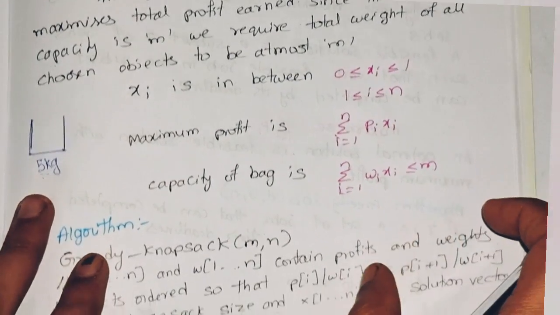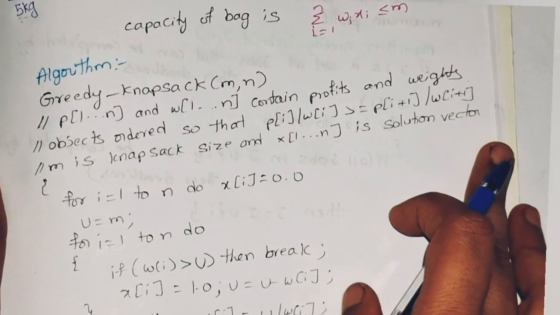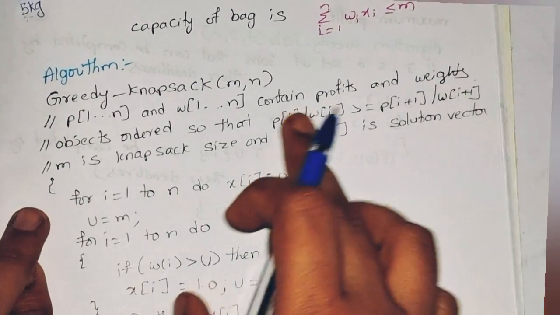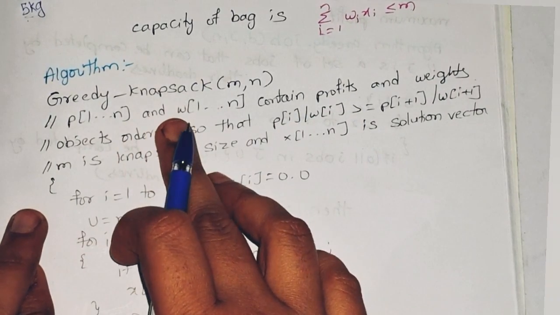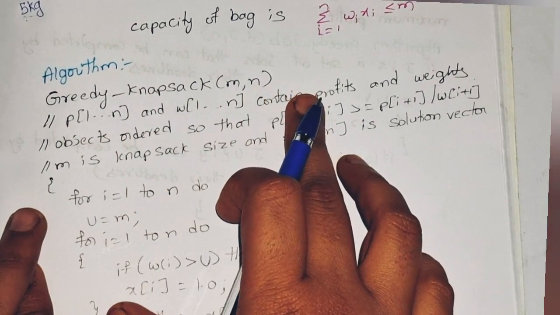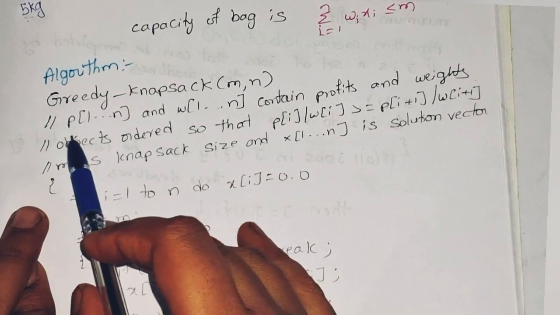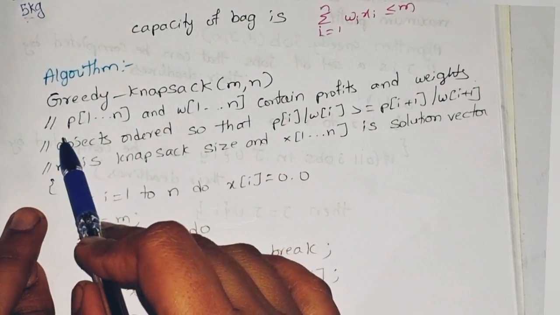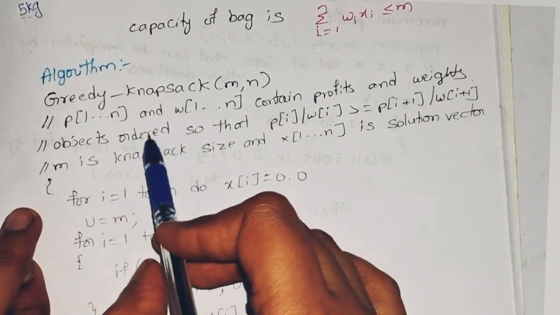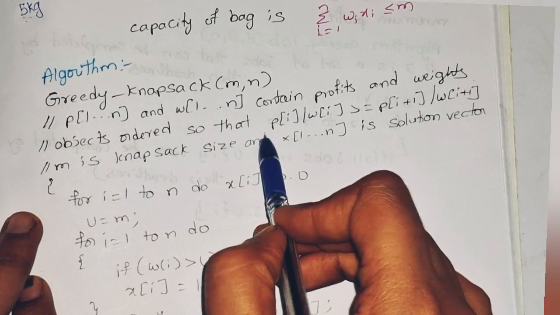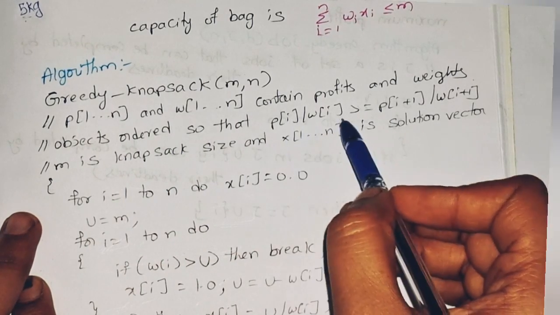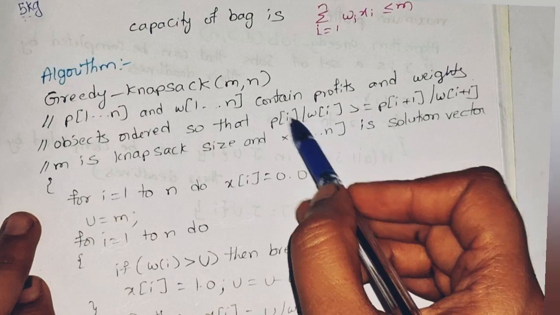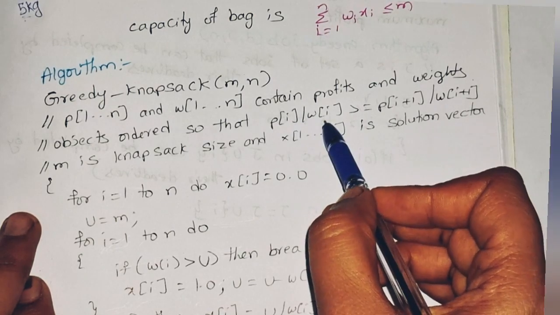Let us see the algorithm of the knapsack problem. Here the algorithm is Knapsack(m, n). P[1..n] is the profit and w[1..n] is the weight, with objects ordered so that P[i]/w[i] is in order. So we need to find the ratio of profit by weight.